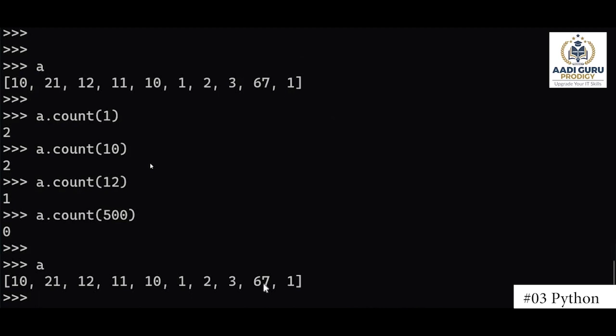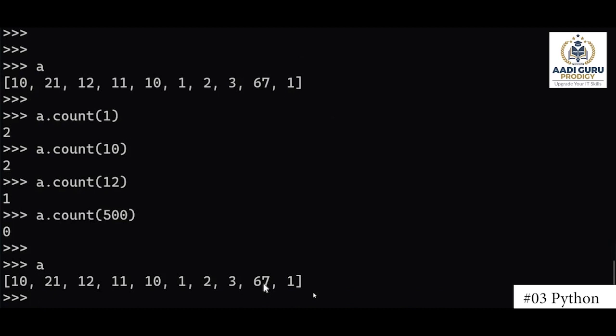Now you don't know where exactly the number 50 is. I want to find the index number of that particular number. Let's say there is a 67 and suppose it is a very big list.